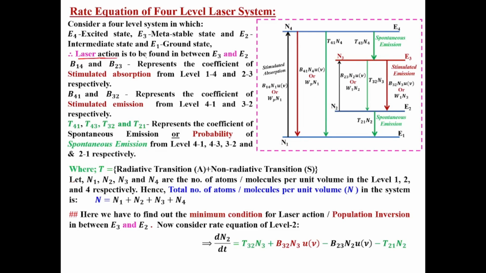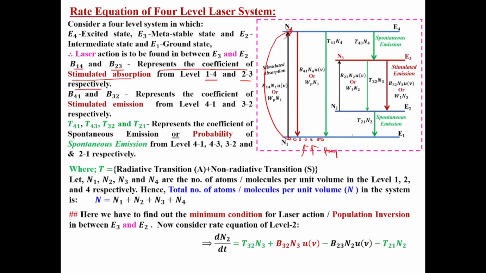Here, laser action is found between E3 and E2, because we consider E3 as the metastable state and E2 is the lower state compared with E3. B14 and B23 represent the coefficients of stimulated absorption from level 1 to 4 and 2 to 3 respectively. If this is the ground state and atoms are there, we provide the pumping energy, so atoms will be excited to the higher excited state.